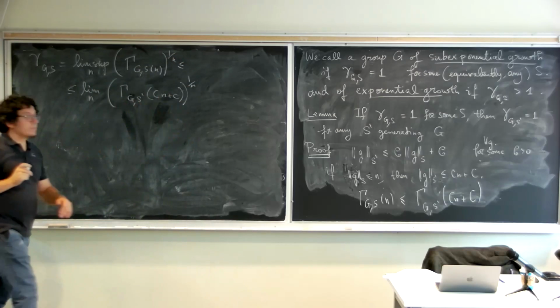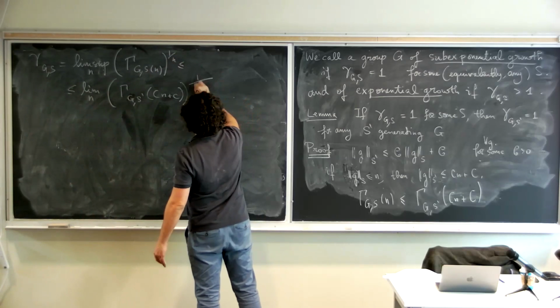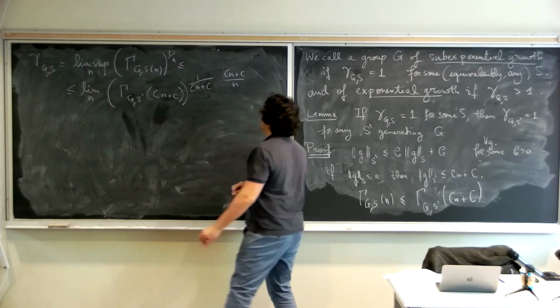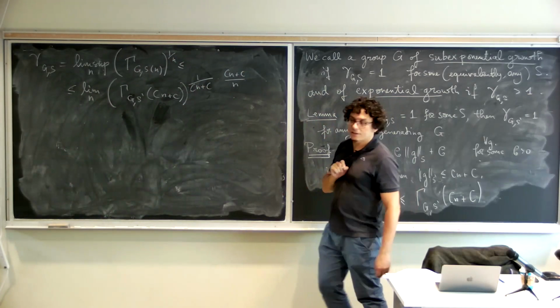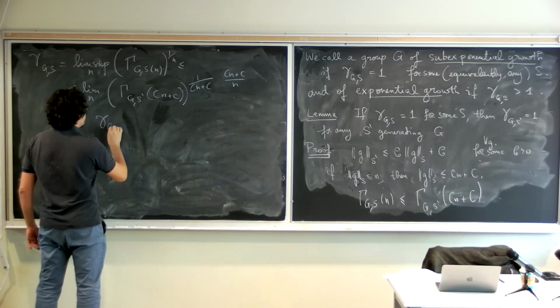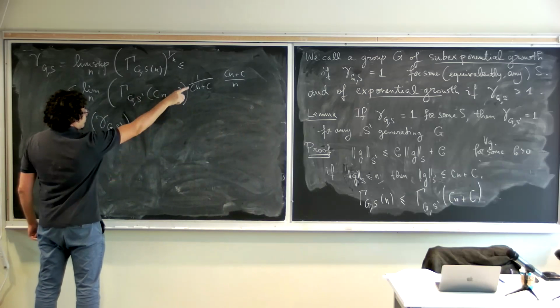So this is also 1 over Cn plus C times Cn plus C over n. And so this is less or equal than gamma G, S prime to the power C.